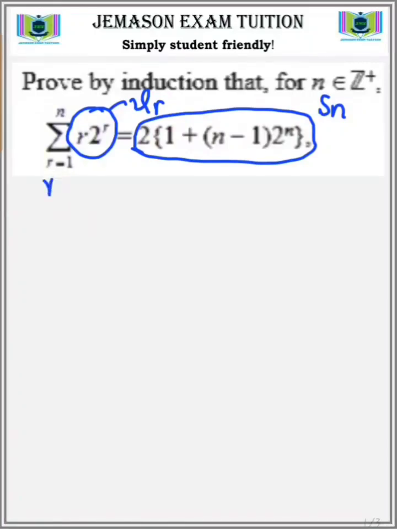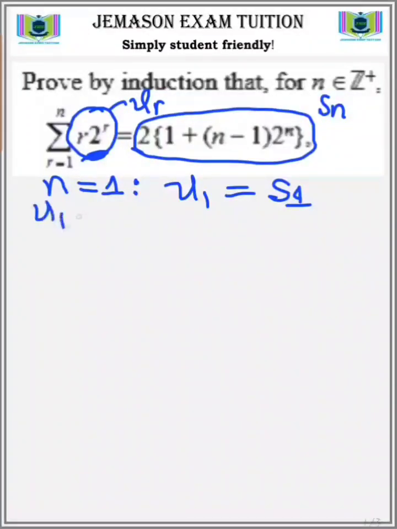So for the base case, which occurs when n equals 1, we would be seeking to show that u_1 equals S_1. That means r equals 1 will be generating the first term, and when n equals 1, it will be generating the sum of the first term, which is simply the first term. So when r equals 1 in the summand or the general term, we would have u_1 equals 1 into 2 to the power 1, which is equal to 2.